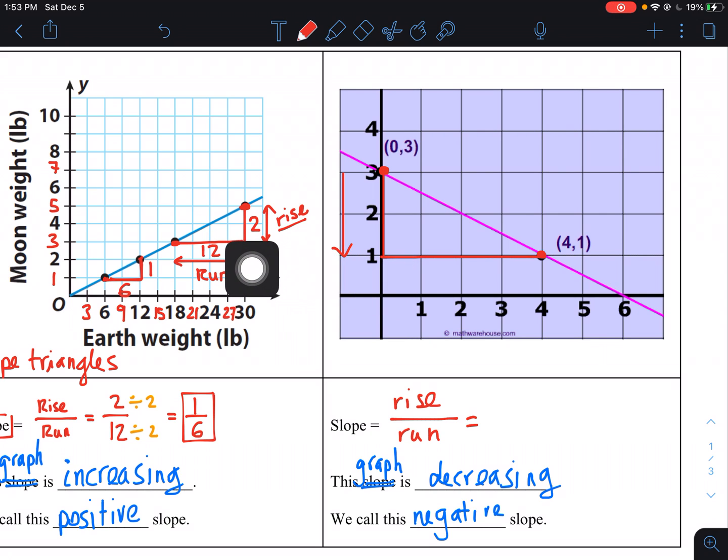Notice over here, when I went from here to here, I was going up. When I go from this point to this point, I'm going down 2. So my rise is -2.